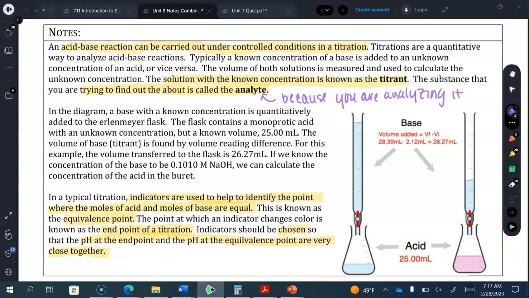In a typical titration, indicators are used to help identify the point where the moles of acid and the moles of base are equal. This is known as the equivalence point. The point at which an indicator changes color is known as the end point of the titration. Indicators should be chosen so that the pH at the end point and the pH at the equivalence point are very close to each other.